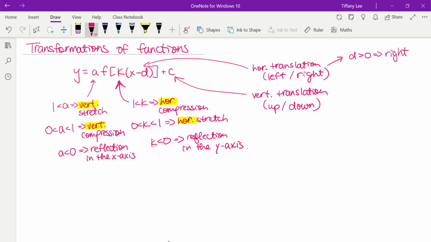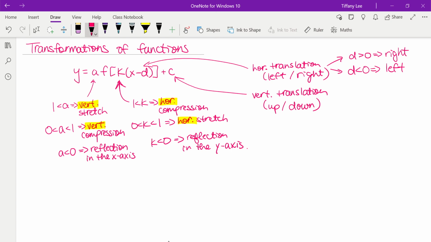If d is negative, that means you're going to move to the left, however many units. So left d units. So let's say d equals -4, then that means you're going to move to the left 4 units.